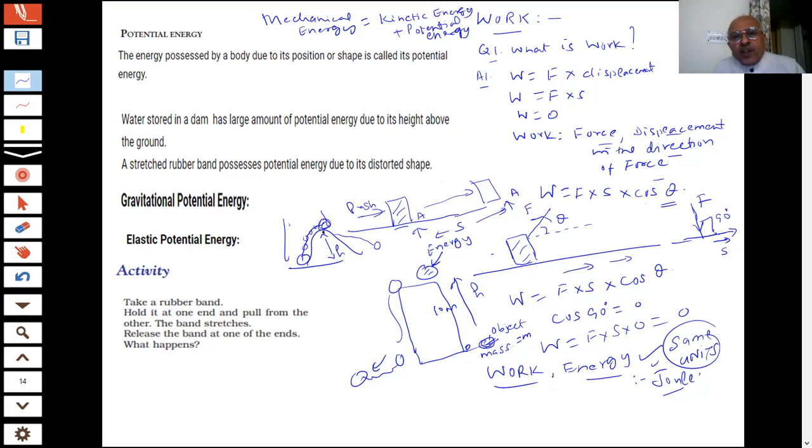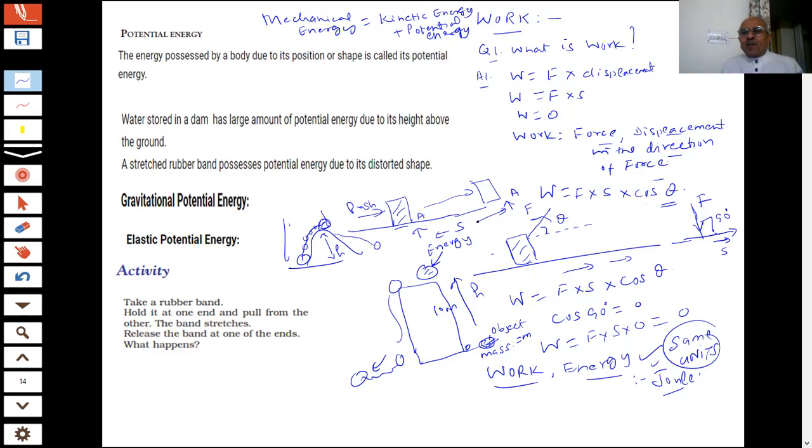So kinetic into potential energy, potential into kinetic energy. One form of energy can be converted into another. Kinetic energy plus potential energy is called mechanical energy. If total energy is conserved, we will discuss that principle. If kinetic energy decreases, potential energy increases; if potential energy decreases, kinetic energy increases.